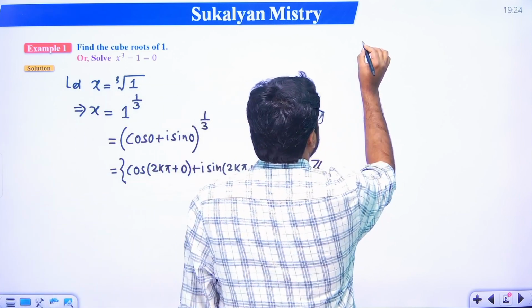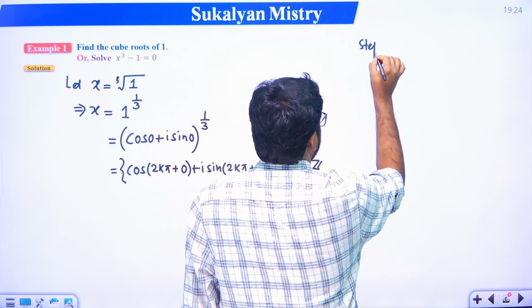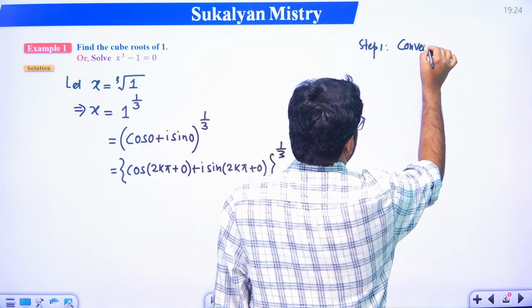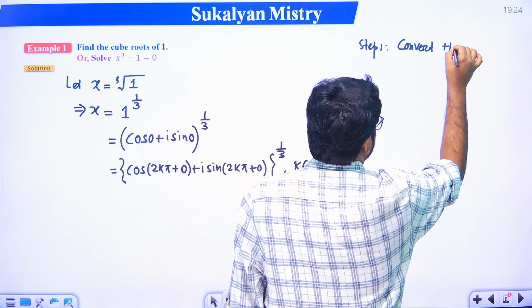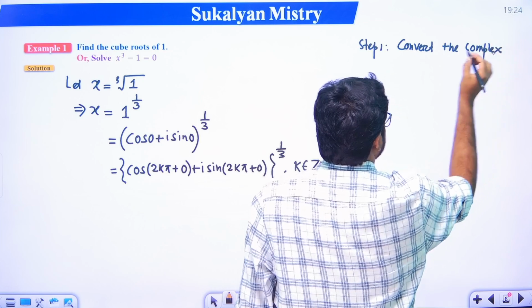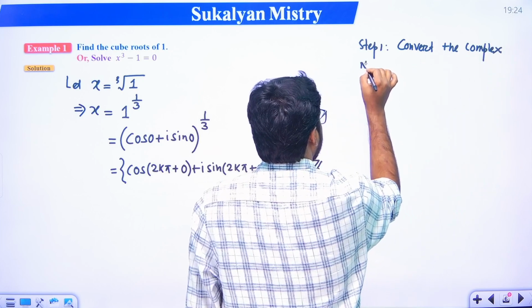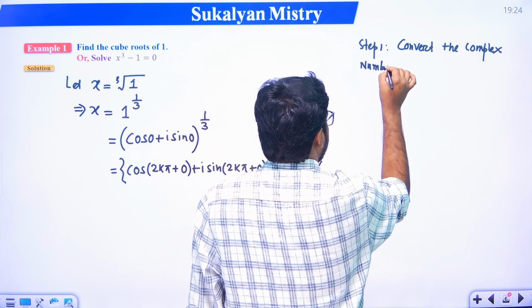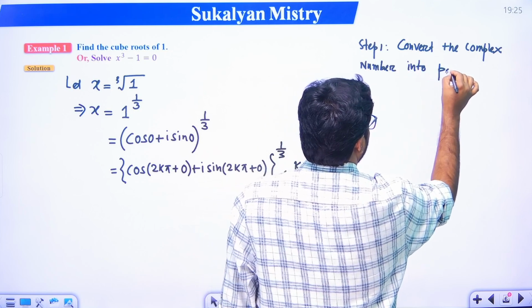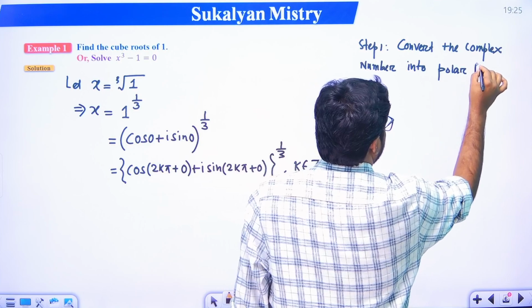Step 1, convert the complex number into polar form.